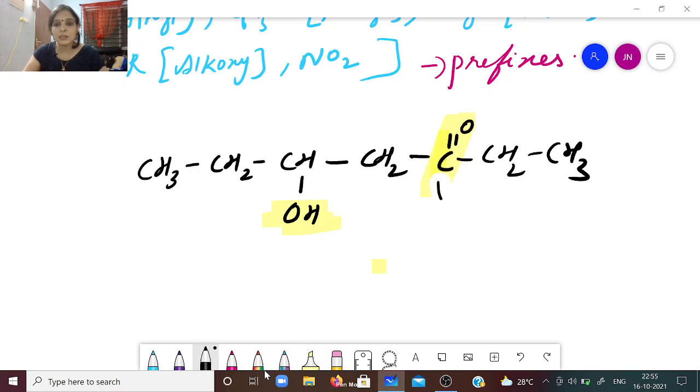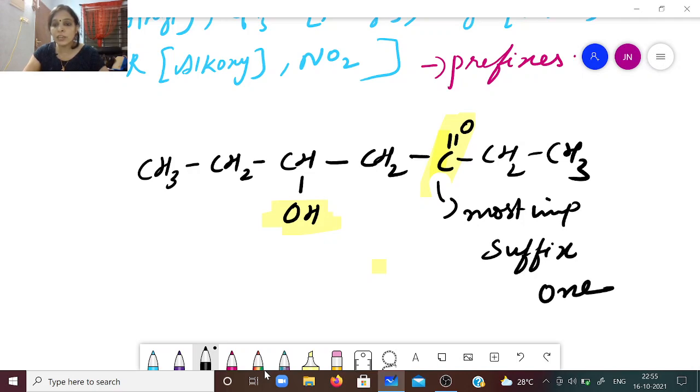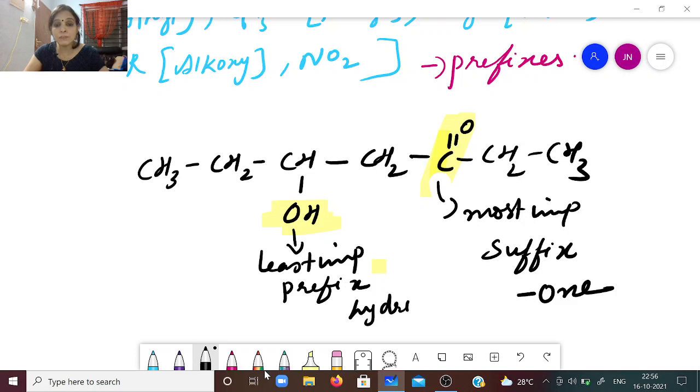If it is most important, it is ketone. This should be suffix. If it is suffix, it should be ONE. And this is least important, and this should be prefix, and we will use hydroxy because it is prefix.